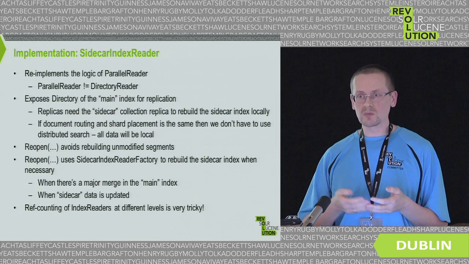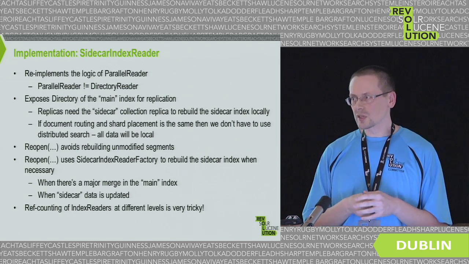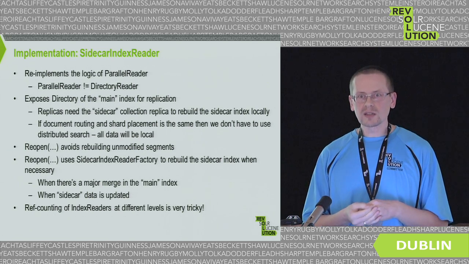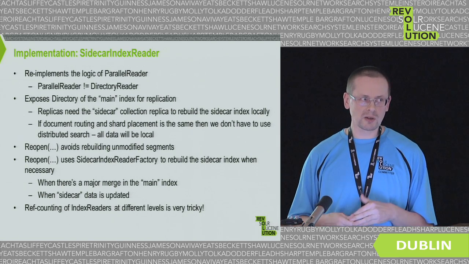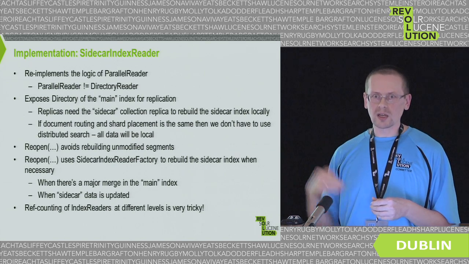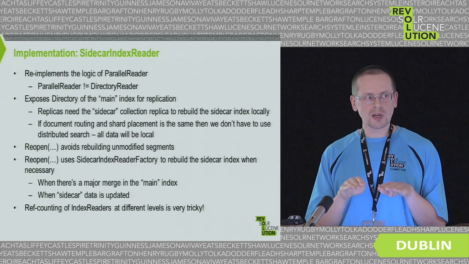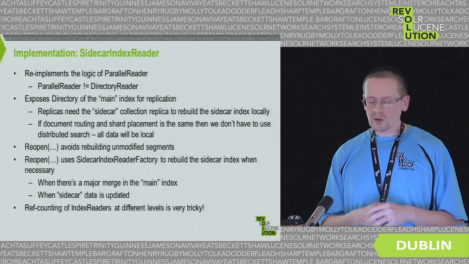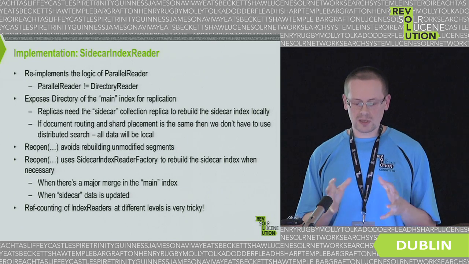So the data that is being replicated to other replicas is of course stripped of all this sidecar index data. So basically, each replica has to rebuild this sidecar index locally from the sidecar collection data. But if you manage carefully how you route documents and how you allocate shards to the nodes in the cluster, then you can pretty much guarantee that the data is available locally on the same instance of Solr.